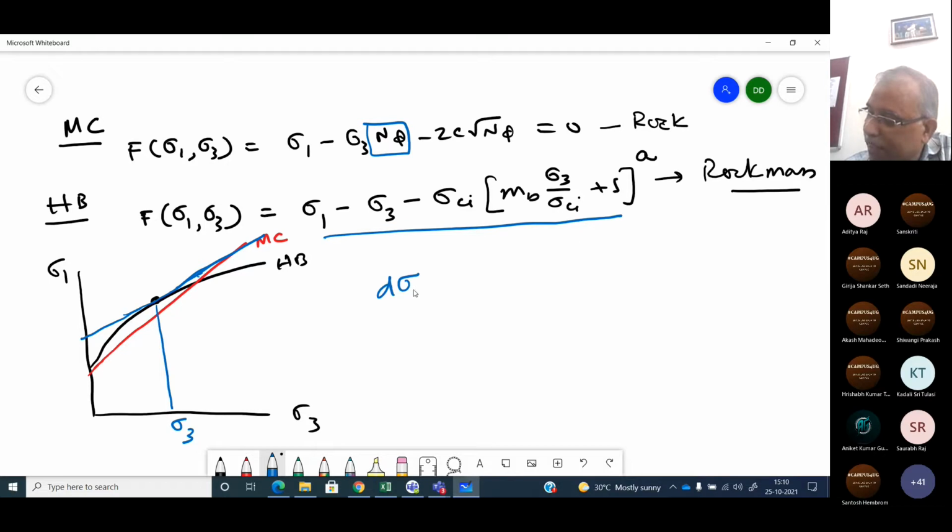So you can find d sigma 1 by d sigma 3, and can anybody tell me what this will be?